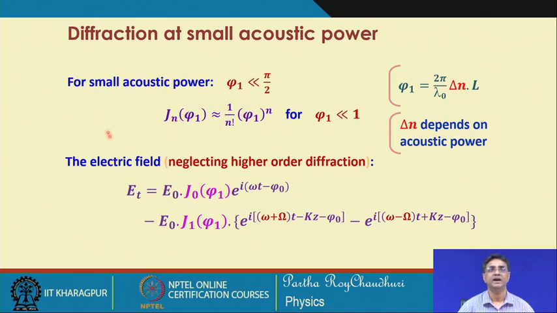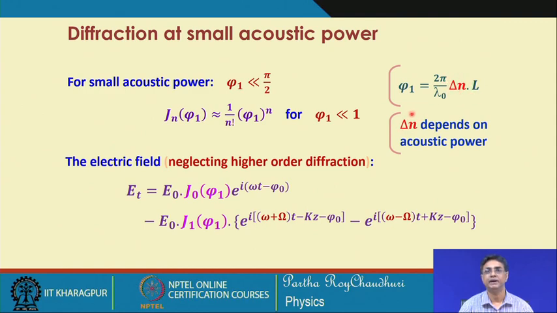And you can achieve this value of phi 1, because you have a control in your hand, that is delta n. Delta n comes through the acoustic power, because it is the amplitude of the acoustic wave, or the intensity of the acoustic energy density per unit volume, that decides this delta n value.